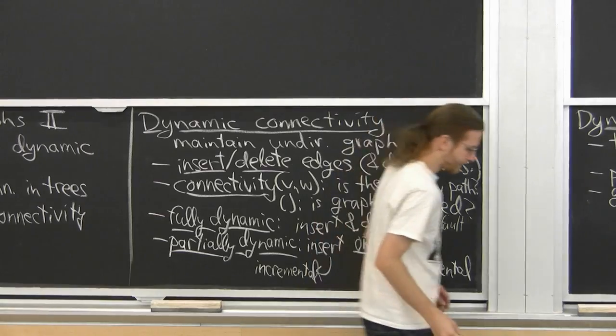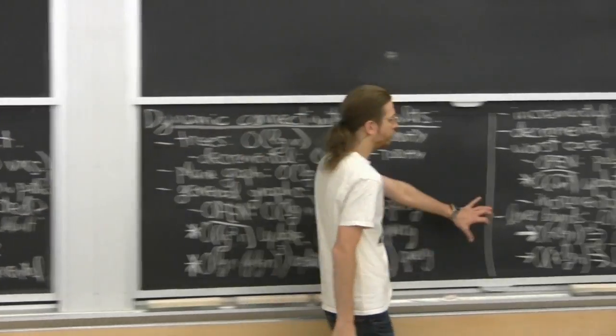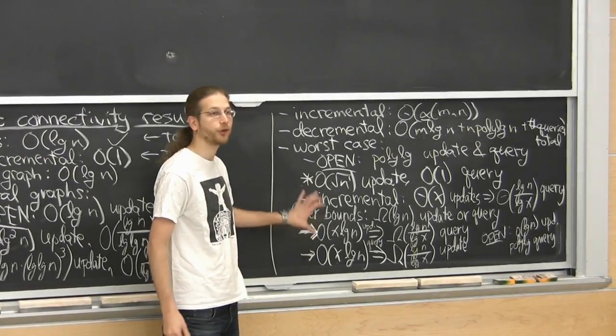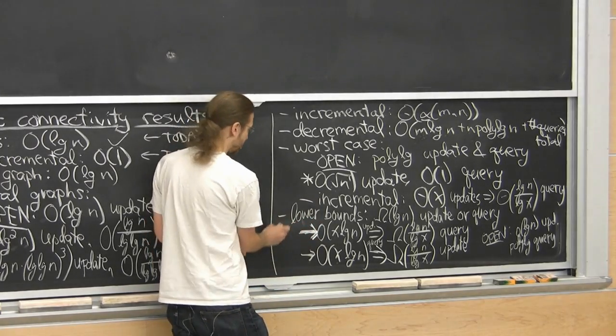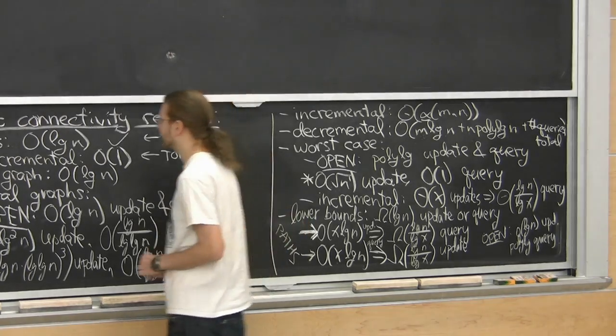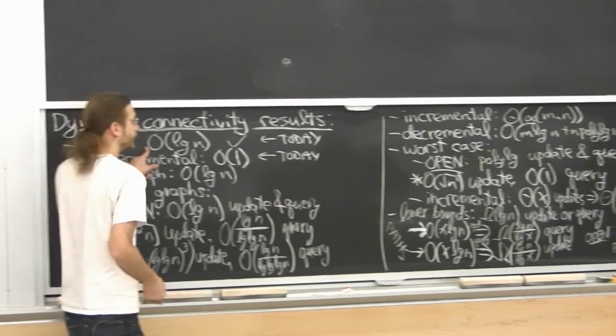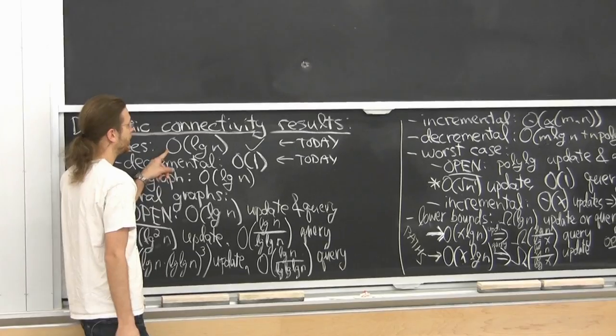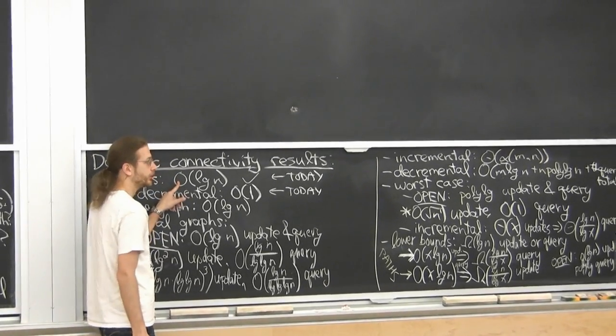Okay. Another fun thing about this lower bound is that it holds even if your graphs are paths. So in particular, that tells us that this dynamic tree result we covered last class, you need log n.